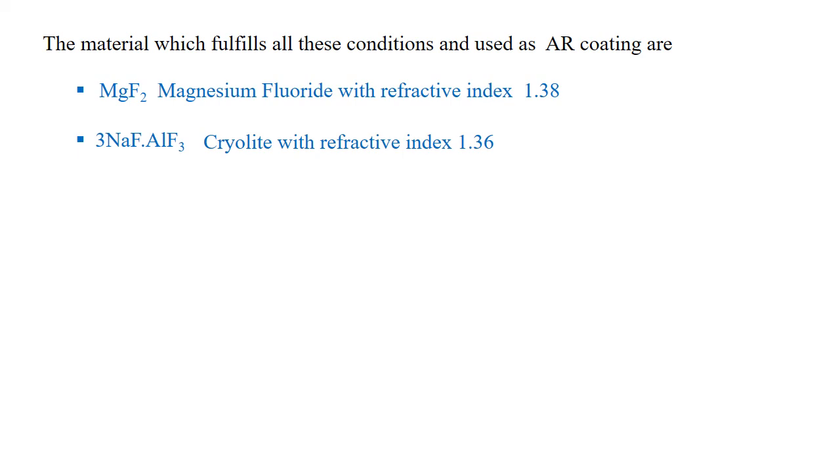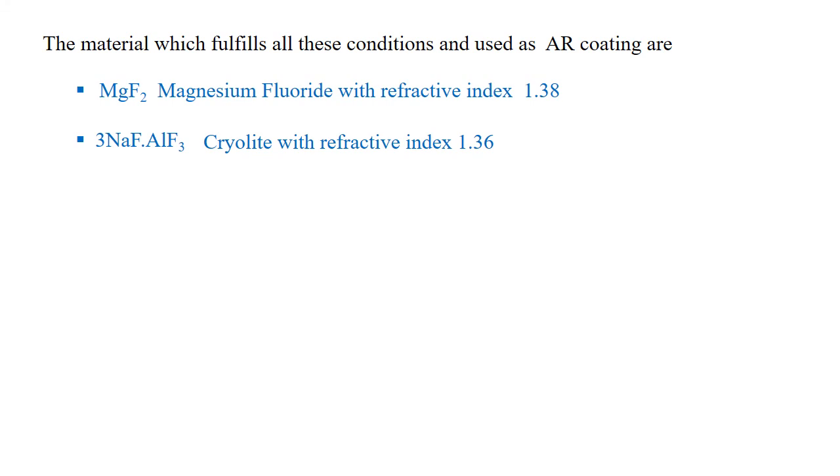The materials which fulfill all these conditions and are used as air coating are, first, magnesium fluoride, MgF2, which carries a refractive index 1.38. The second one is sodium aluminum fluoride. In short, we call that material cryolite, and it carries the refractive index 1.36.